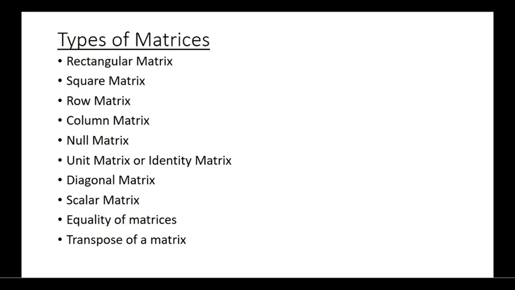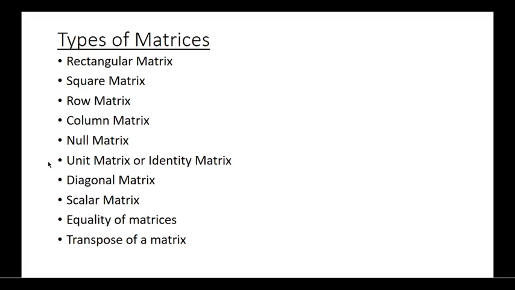Then we define the scalar matrix. In a square matrix, the diagonal elements are equal. All elements in the principal diagonal are equal, and all elements other than the principal diagonal elements are zeros. Then such a matrix we call a scalar matrix.